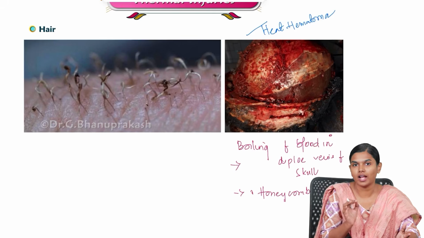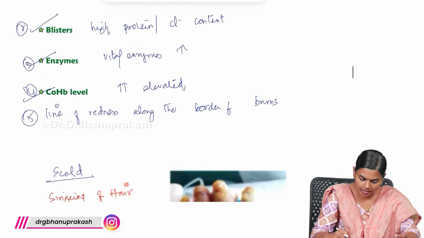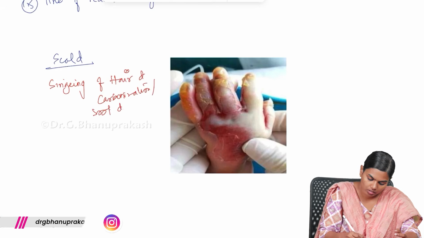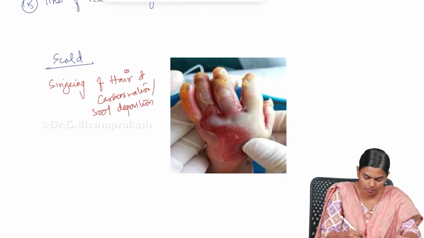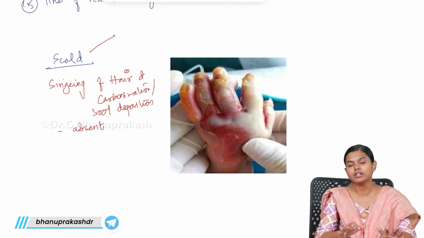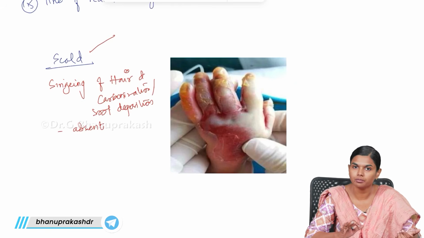That is a singed hair, that is a burnt hair. This singeing of hair and carbonization or soot deposition, these features are absent in case of scald. These are present only in case of these dry heat injuries, that is dry burns.